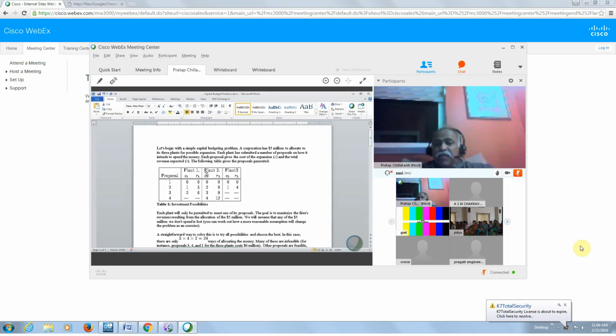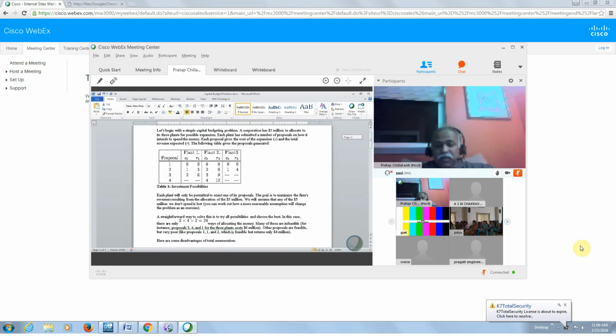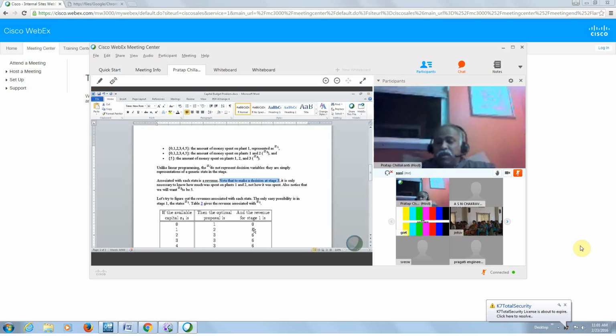Now if you allocate 1, then it is proposal 2, because plant 1 gave that. So if you go here into the table, no magic there. See that? 1 million into proposal 2, and then the revenue that they promised is 5 million. So all you're doing is converting that into a slightly different format of a table.